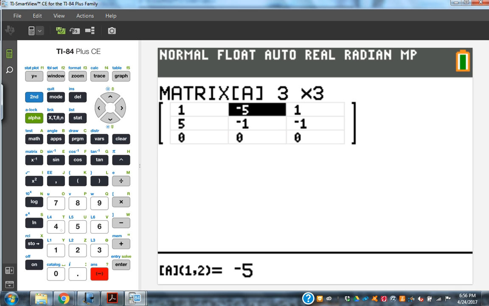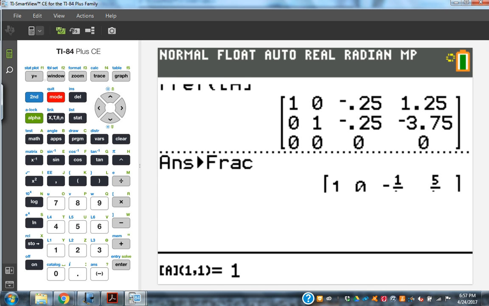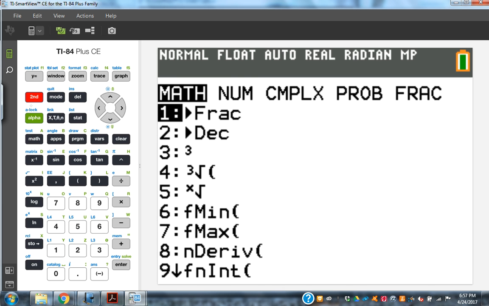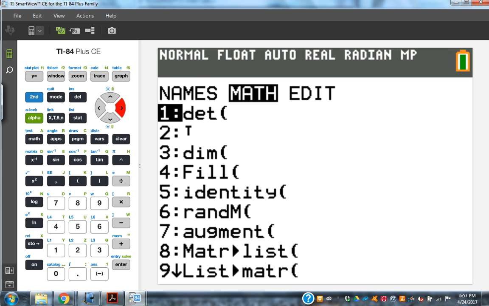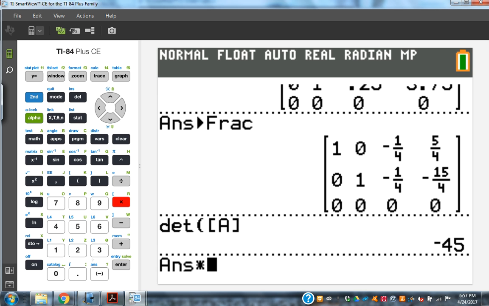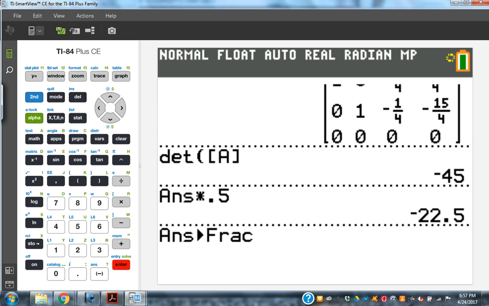So 1, -4, 1. 1, 5, 1. 6, -1, 1. And then to find the determinant of that, I hit second matrix, and go over to the math menu, get the determinant of matrix, put that in A, and then I take half of that. Math, enter, and it's area.